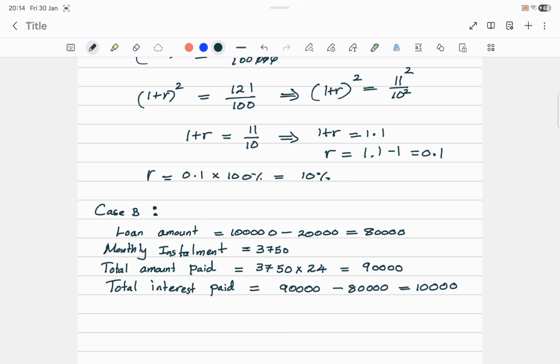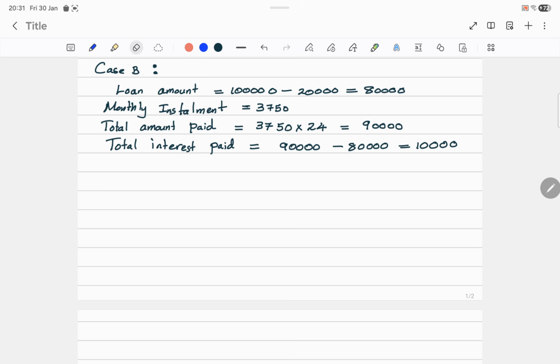Right, so now let's figure out the unit months. Unit months is n times n plus 1 over 2. So n is 2 years or 24 months. n plus 1 is 24 plus 1, over 2. So 12 into 25, 300 unit months. So then interest per unit period we can find.